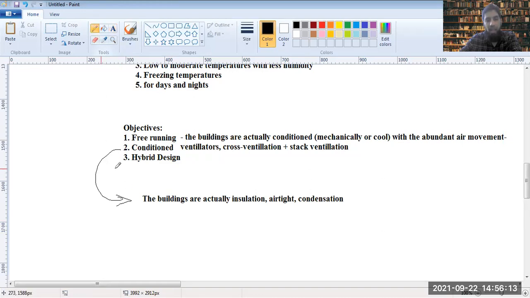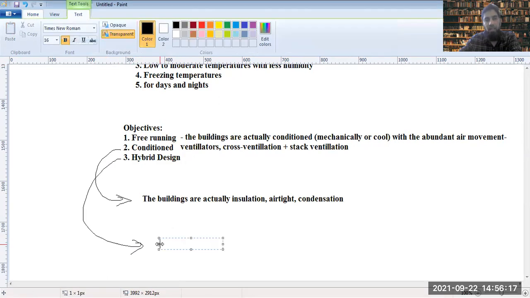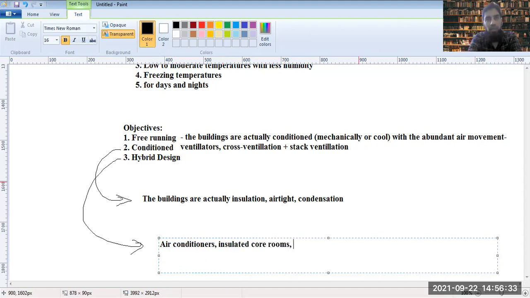Then third is a hybrid design. In a hybrid design, you have air conditioners, you have insulated core rooms here.